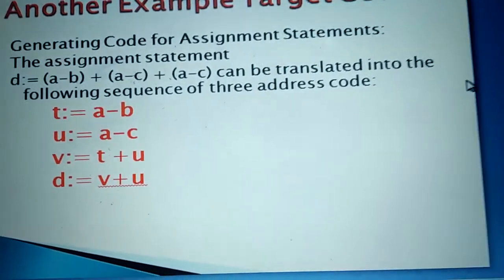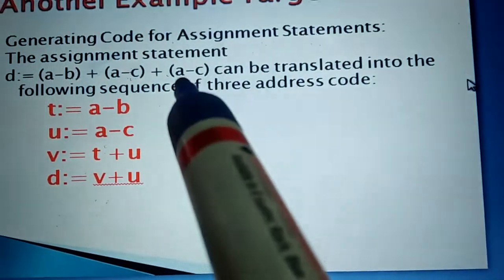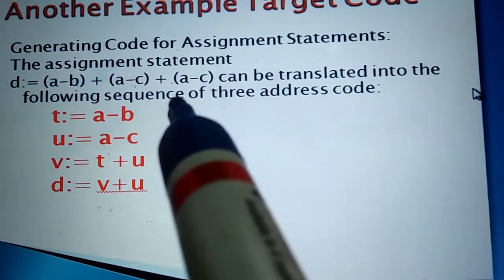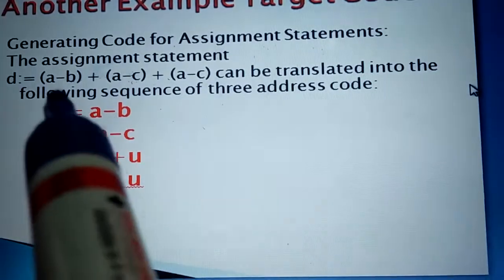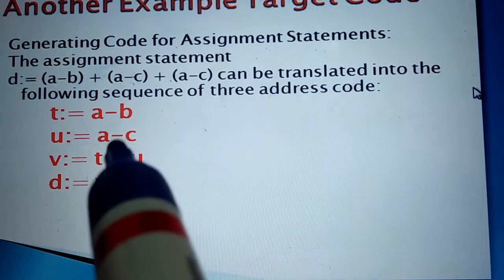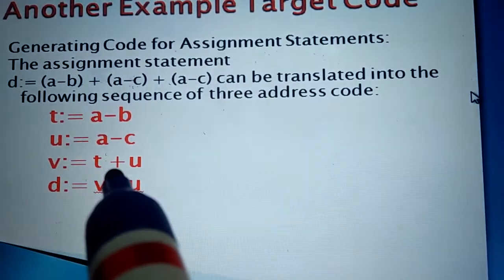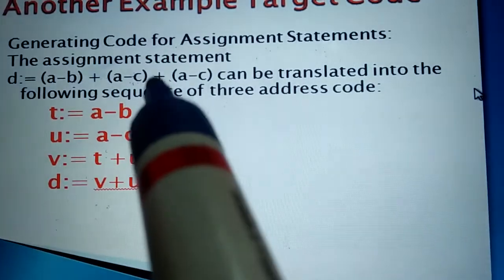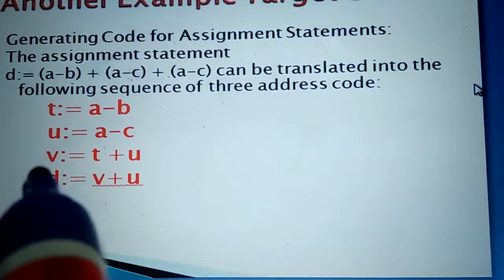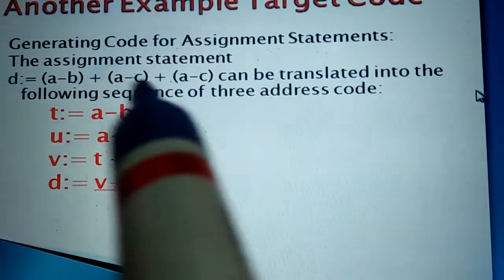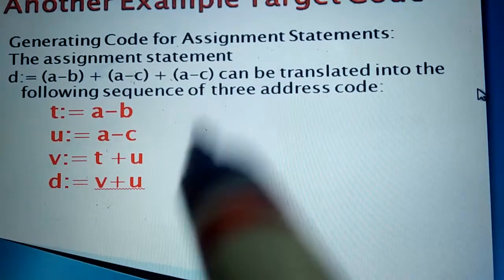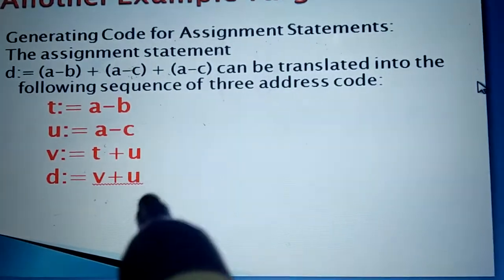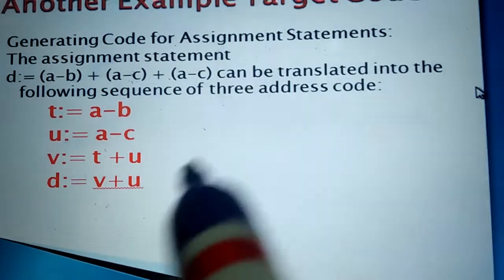In the previous slide we have seen that it is added with A minus C. A minus B is T and A minus C is U, and V is these two added values, T plus U. Again this is added with V, and V is being added with U, A minus C.